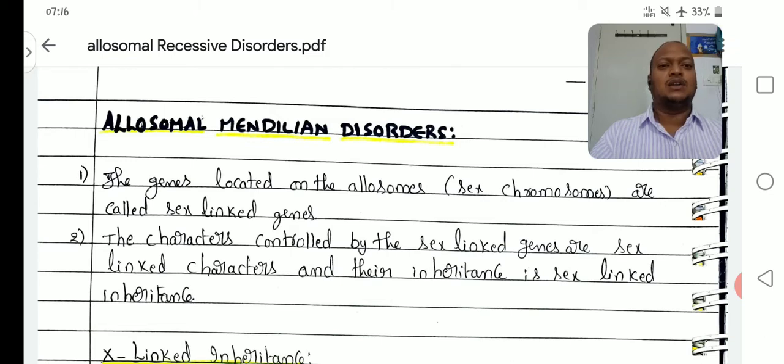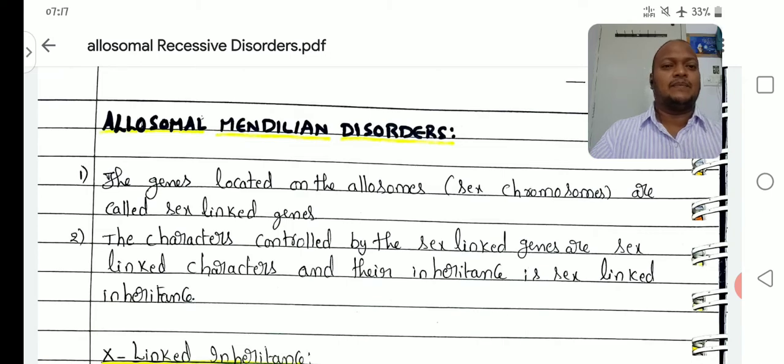Second point, the characters controlled by the sex-linked genes are sex-linked characters and their inheritance is called sex-linked inheritance. So that is related to the characters related to the allosomes. Such type of inheritance is called sex-linked inheritance.